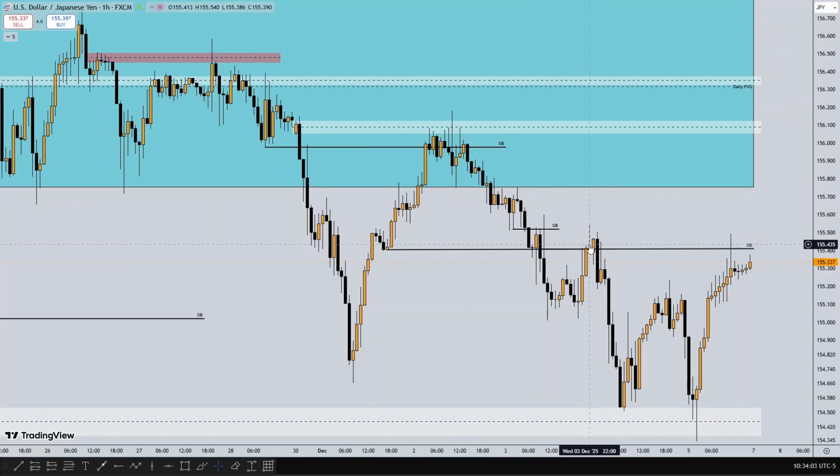Price respected it, traded lower, took out the sell side liquidity. And this whole trade was fully aligned with the dollar index. I was anticipating lower prices because it was fully aligned with the dollar index.